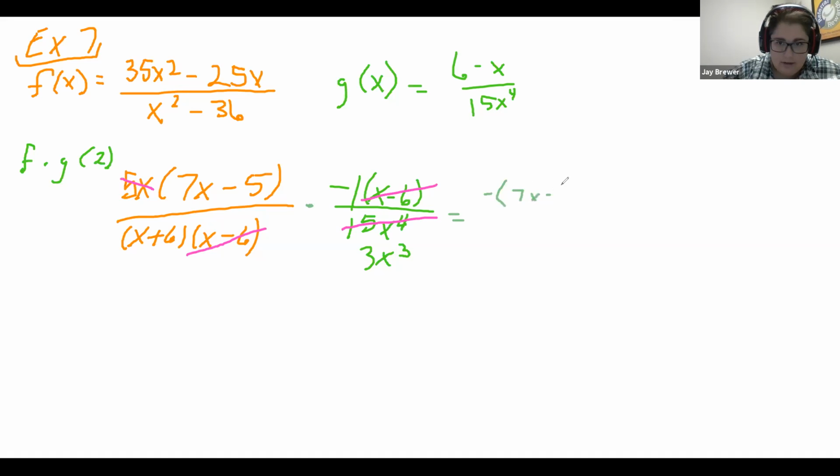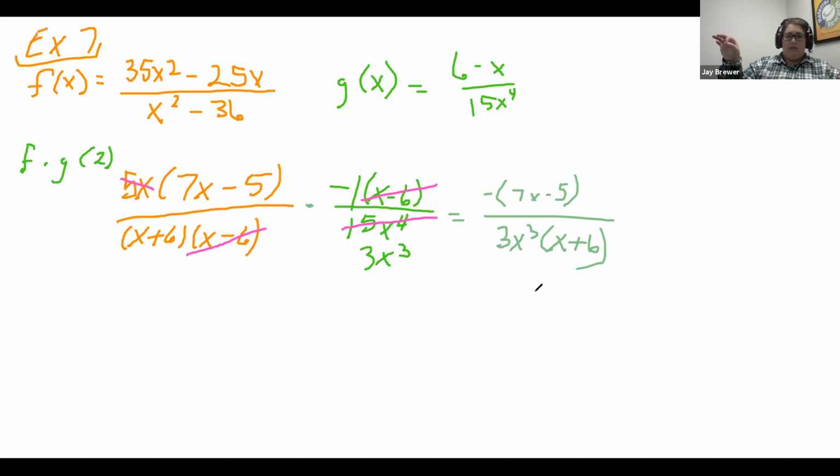Okay, so if we bring everything together now, we end up with a negative 7x minus 5 over 3x cubed times x plus 6. Now again, I do not recommend expanding it.